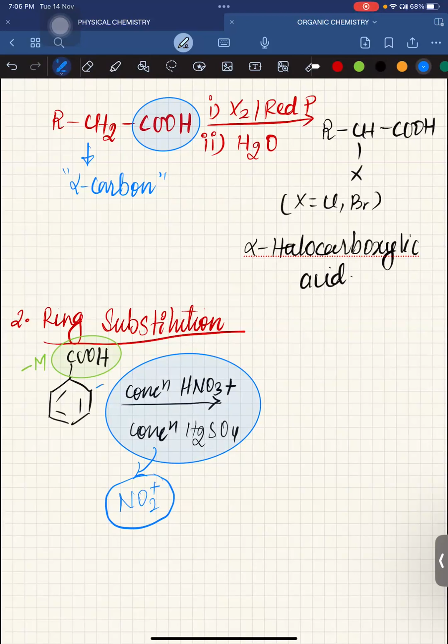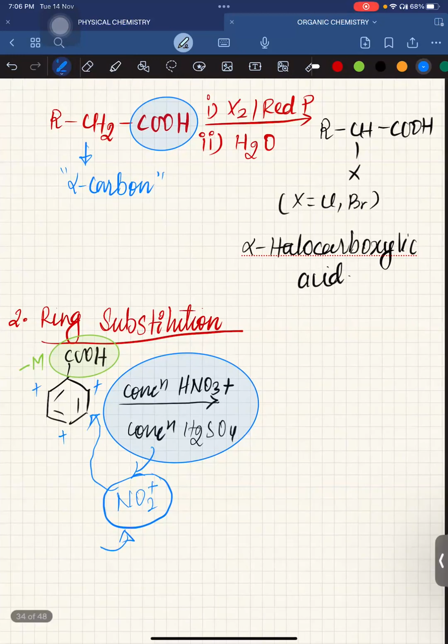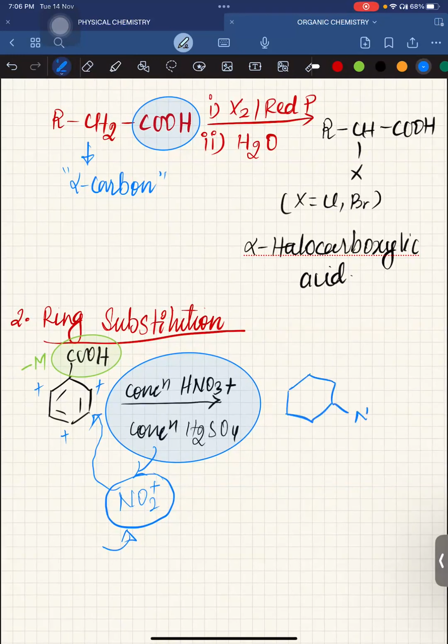The positive charge will be at ortho and para, and NO2 plus is an electrophile, so it will attack only at meta. This is the product that you will get: NO2 will be at meta, and this will be as it is. So its name will be meta-nitrobenzoic acid.